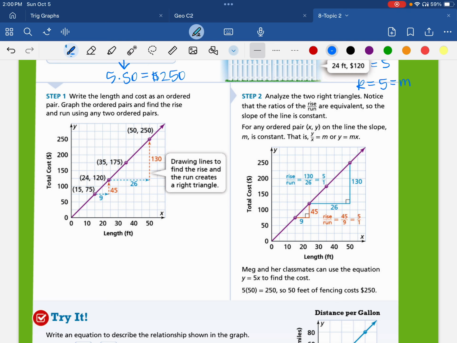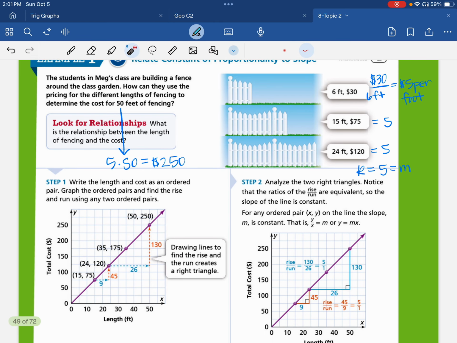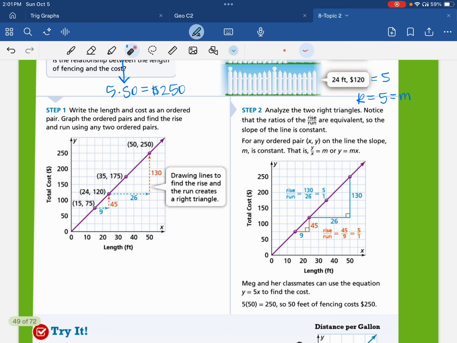Step 1 here, they have the graph with all of these points on it. Because we have a straight line going through 0 that shows a proportional relationship, 0 feet of fencing would cost you $0. They've already put these 3 points on here for 15 feet, 24 feet, and 35 feet, even though we did not have 35 feet in our list here.